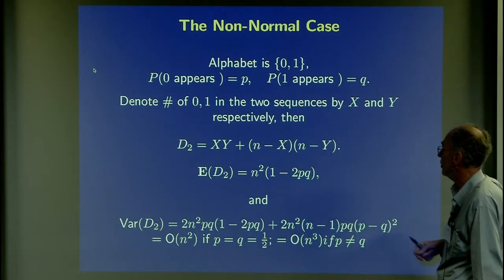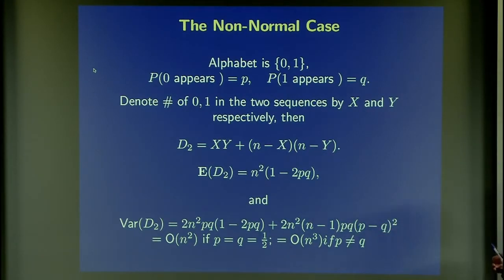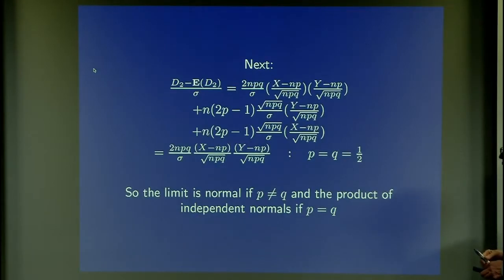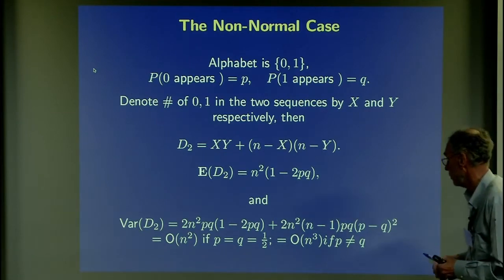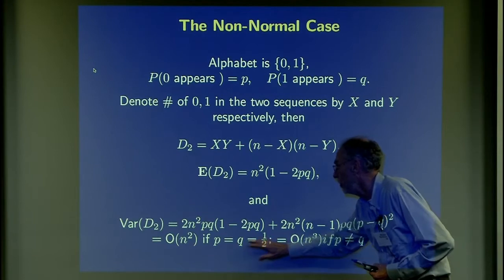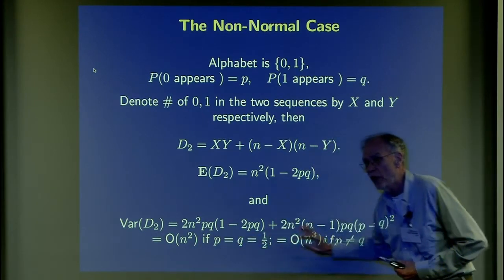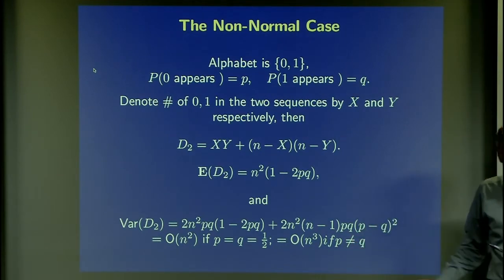So there's our D2. We can calculate it. We can compute the variance. And then suddenly something weird happens. The variance, if p equals q, it's uniformly distributed, the variance is order n squared. If p is not equal to q, the variance is n cubed.